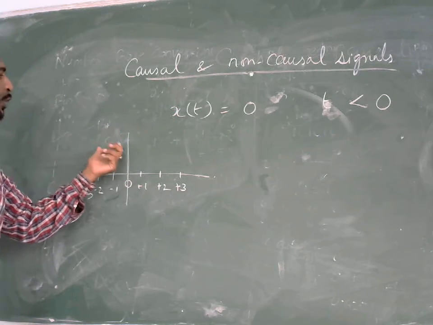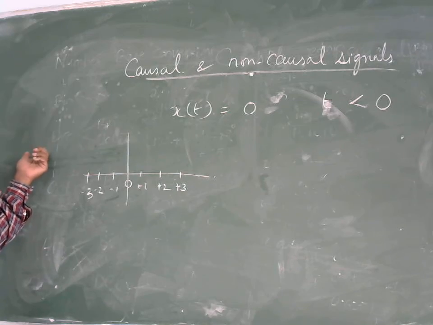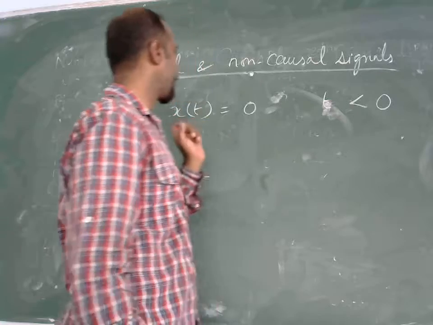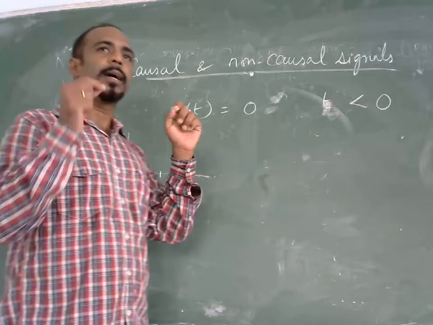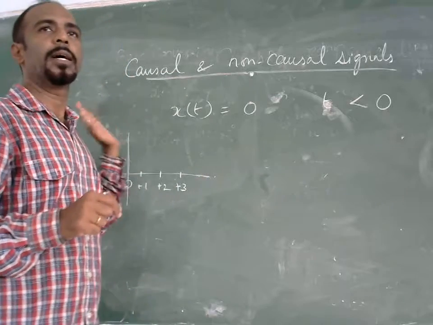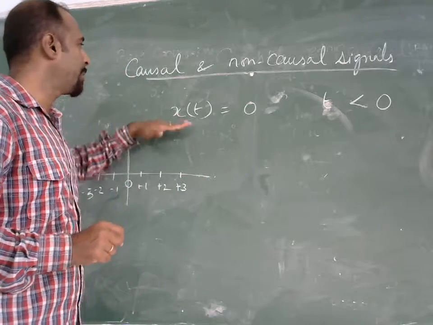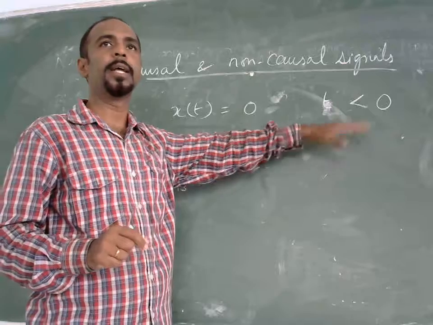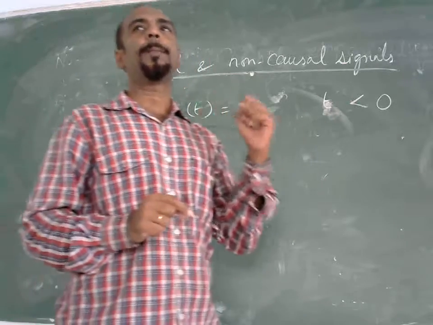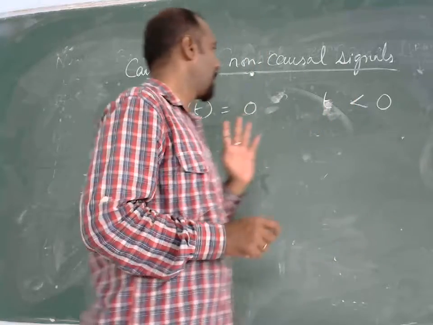That means if we say causal, it should not exist for the negative values of t. It should exist for only the positive values of t. So t is that instant. It can include the current instant or the previous values. So a signal is said to be causal if it depends on the present and past values.